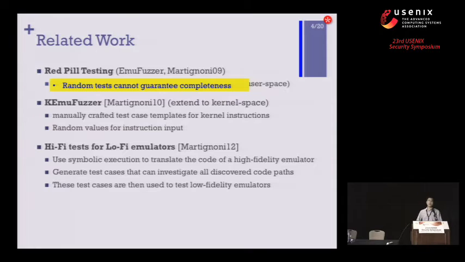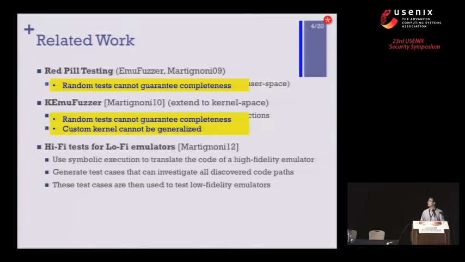However, there are some drawbacks and flaws for all of these methods. First, random tests cannot guarantee completeness. The second related work still suffers from the same problem, and in addition, their custom kernel cannot be generalized.